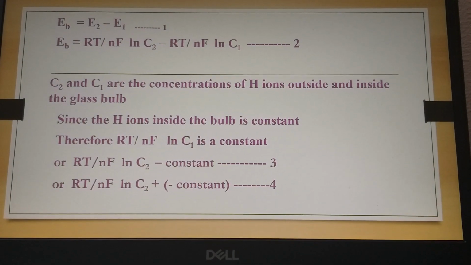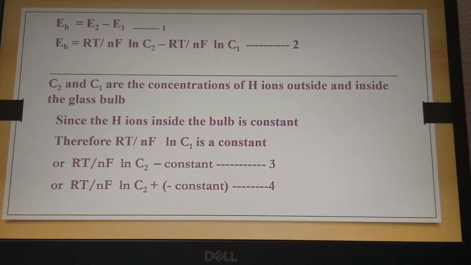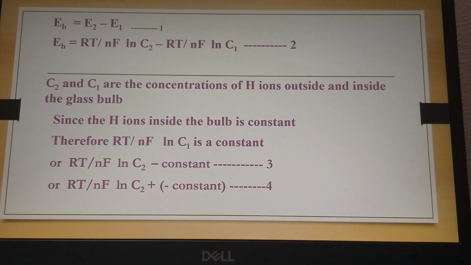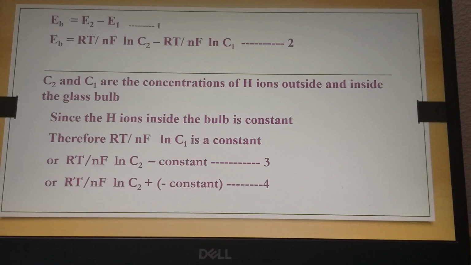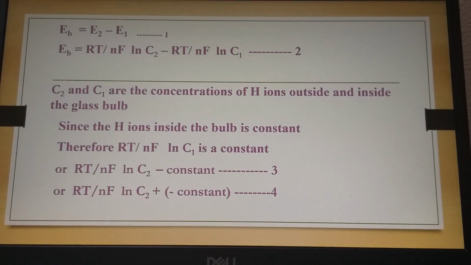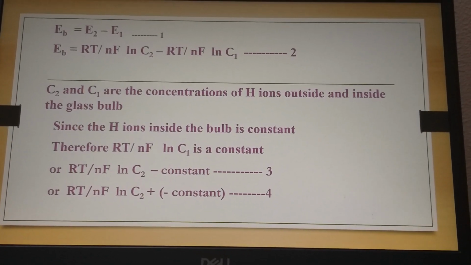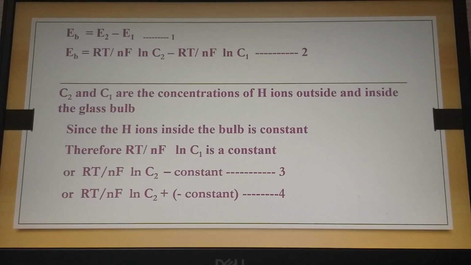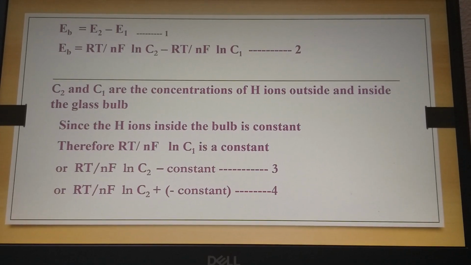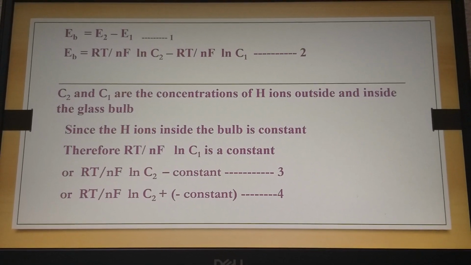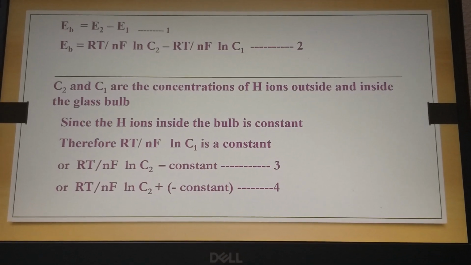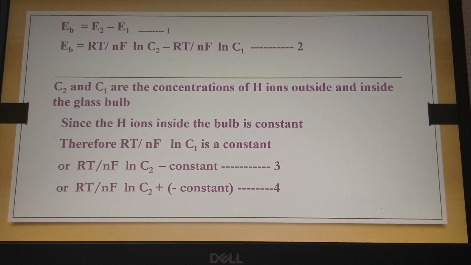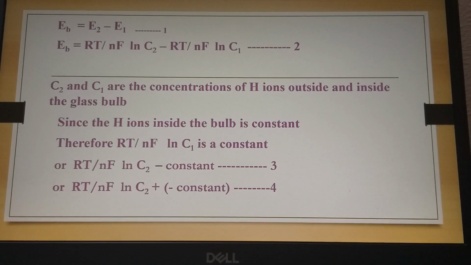Now we know from the Nernst equation that E2 can be written as RT/nF ln C2, because C2 is the concentration of the test solution outside the bulb, and C1 is the concentration of hydrogen ions inside the glass bulb. So we can write from the Nernst equation: RT/nF ln C2 minus RT/nF ln C1.